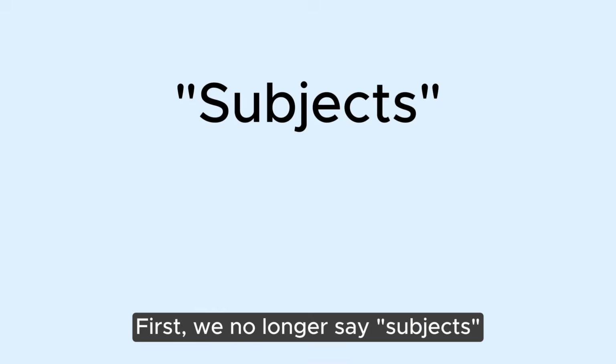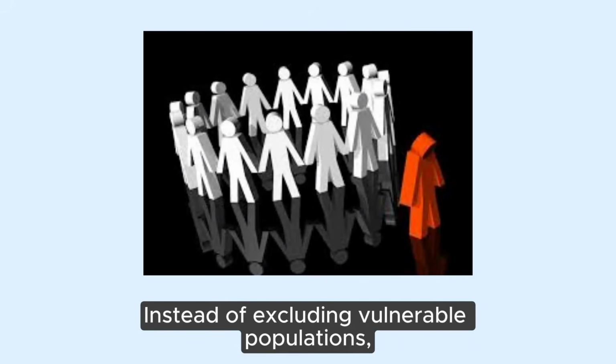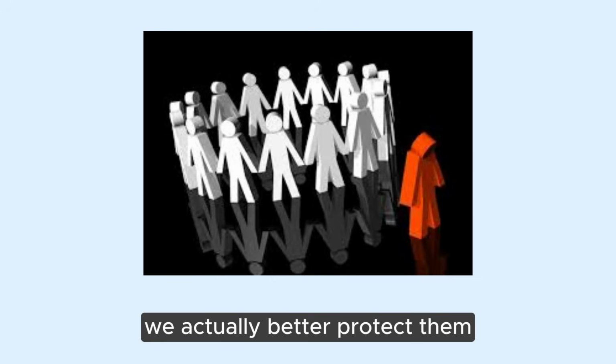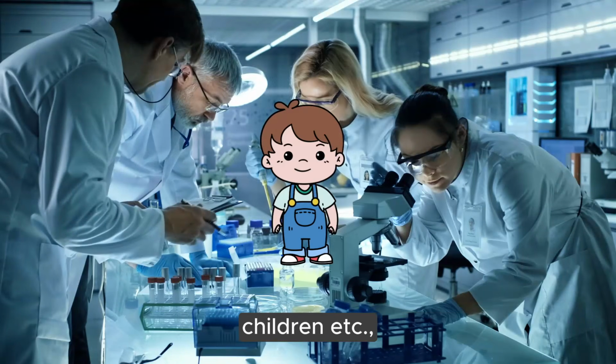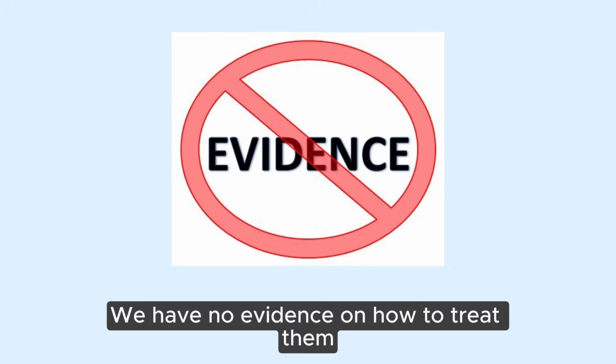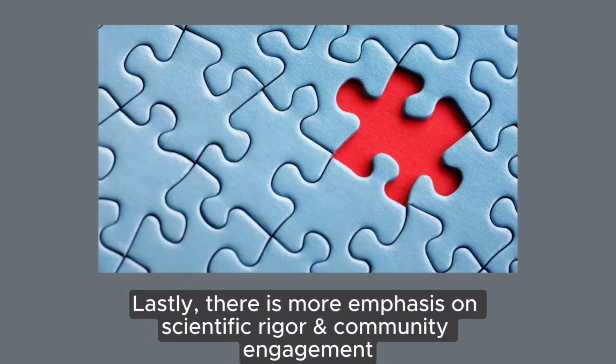First, we no longer say subjects, we say participants. Second, instead of excluding vulnerable populations, we actually better protect them by including them safely. If we never study pregnant women, children, etc., we have no evidence on how to treat them. Lastly, there is more emphasis on scientific rigor and community engagement.